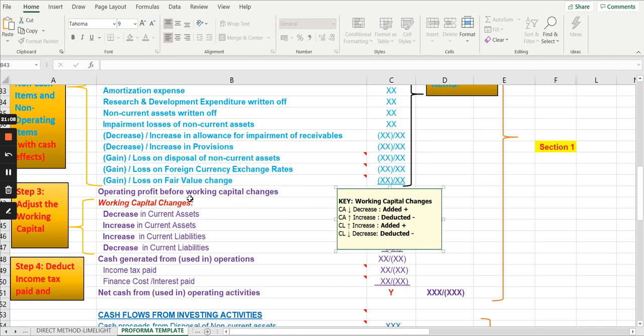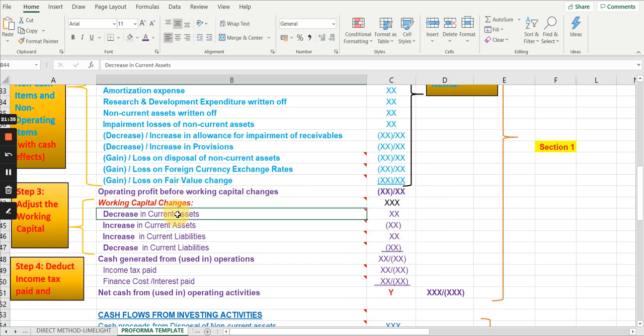For example, you are looking at whether there is a decrease or an increase in the current asset. So an increase in the current asset will be deducted. I will explain why. A decrease in the current asset will be added back. An increase in current liability will be added. A decrease in the current liability will be deducted.